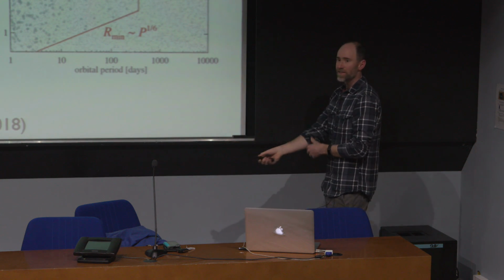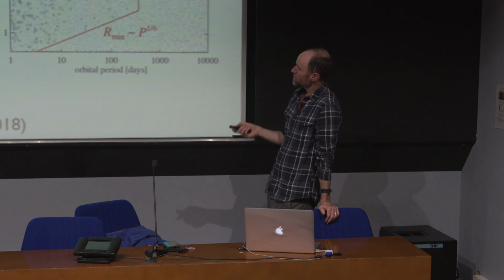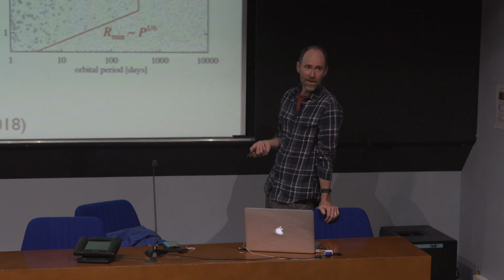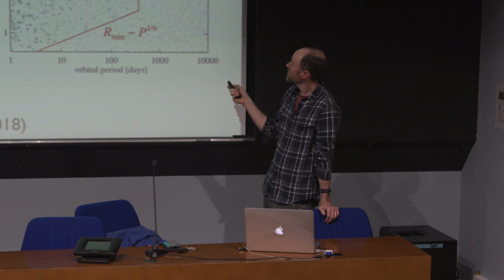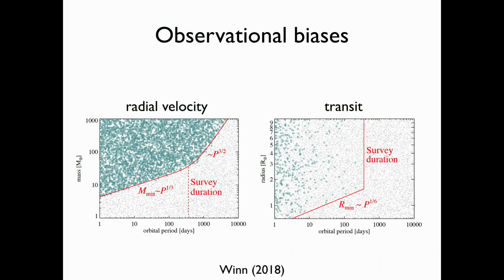So now just a couple words about observational biases. These plots show the biases inherent in the two key techniques, the radial velocity and transit techniques. For radial velocity, the relevant x and y axes that are typically shown are mass versus orbital separation, sometimes semi-major axis, sometimes orbital period.